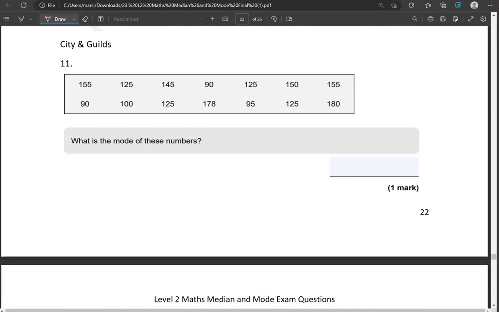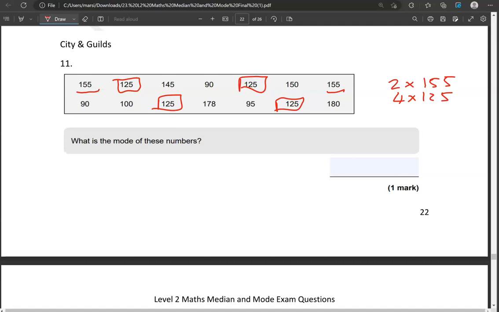What is the mode of these numbers? So 155, we've got one here, another one here, so it's 2 lots of 155. 125, we've got 1, 2, 3, 4. 145, there's only one of them.